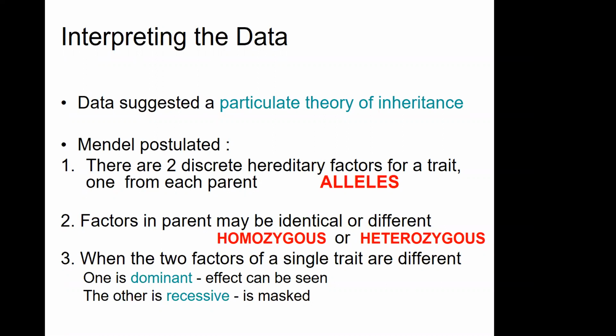There's a 50% probability that the recessive one would be passed on if you're heterozygous. If you pass on the dominant one, its effect will be seen in the phenotype. If you pass on the recessive one, its effect is not seen. We say it's masked. Okay. So the recessive trait is the trait which does not appear in the F1 generation.